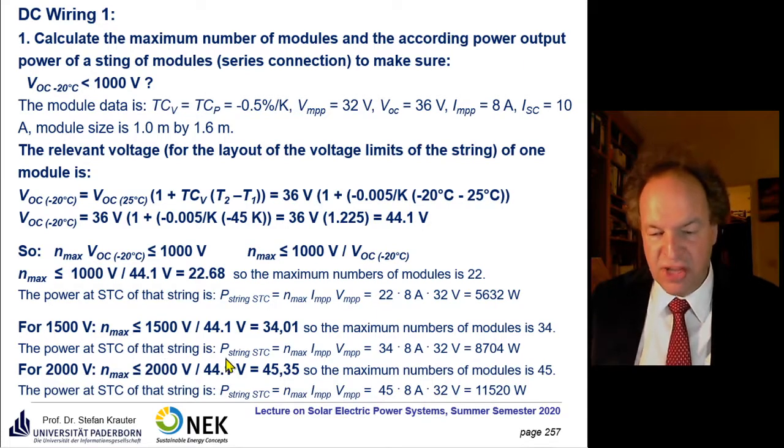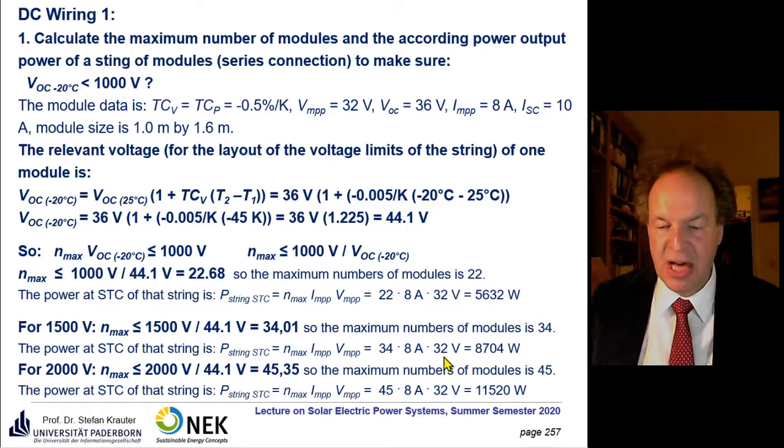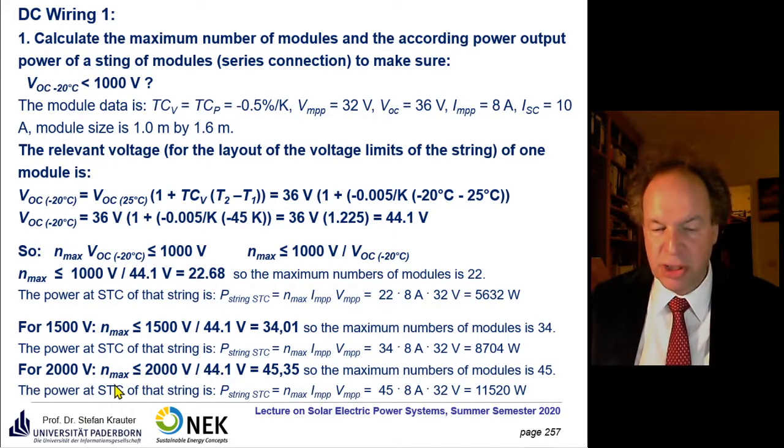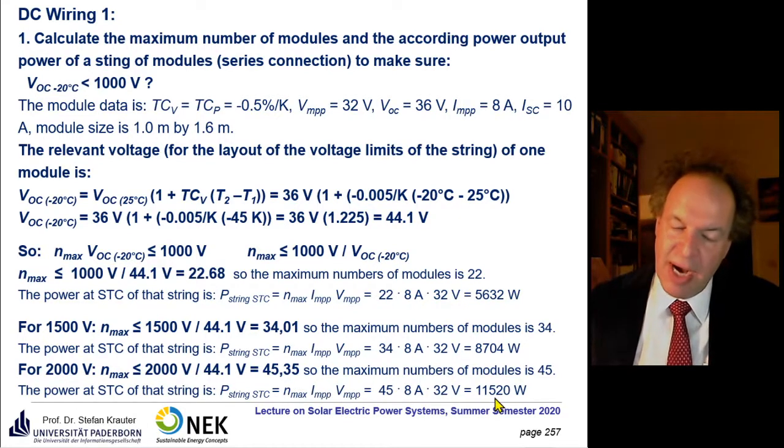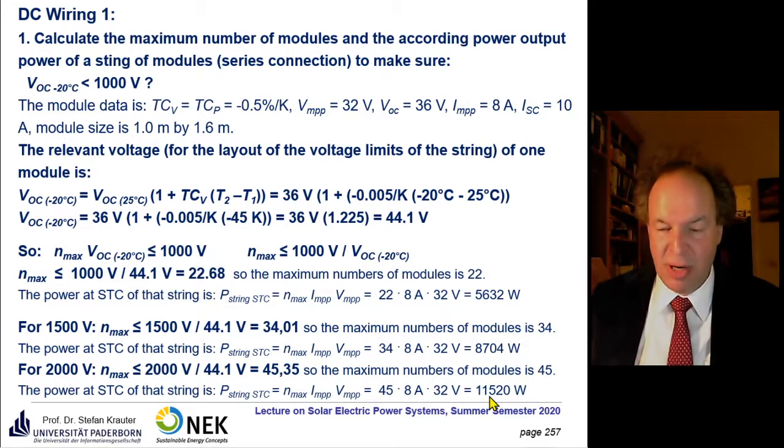Then the power of such a string would be 34 times 8 amps times 32 volts, which is 8.7 kilowatts. If we would even increase the voltage to 2000 volts, we would be able to put together 45 modules in series. And that would lead to a power of 11.52 kilowatts for those 45 modules.